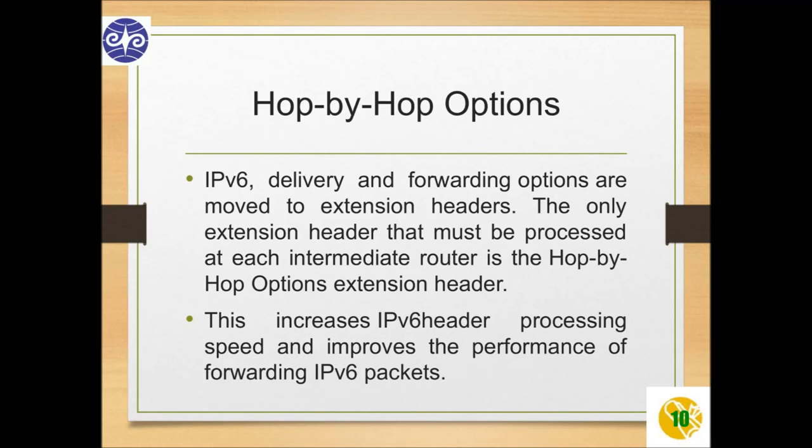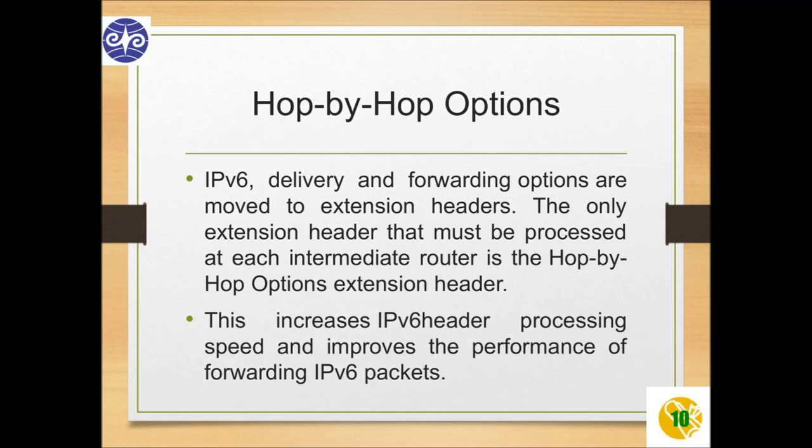Now we will study from the slide. IPv6 delivery and forwarding options are moved to extension headers. The only extension header that must be processed by each intermediate router is the hop by hop option extension header. So hop by hop option is available in IPv6, which is basically counting of devices between sender and receiver.